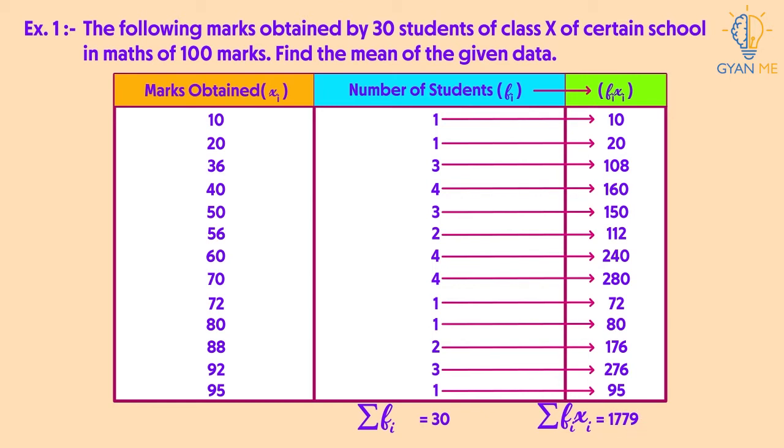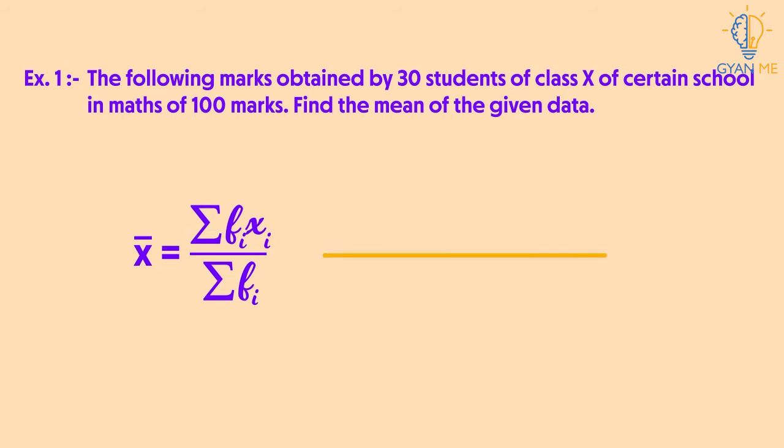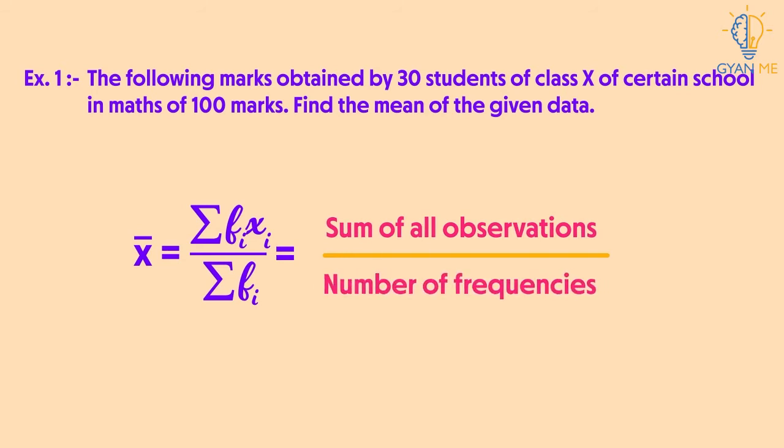Now students, we can use the formula mean x bar is equal to sigma fixi upon sigma fi. Here, sigma fixi is the total of all the products that we have calculated and sigma fi is the total or summation of all the frequencies that are given to us.